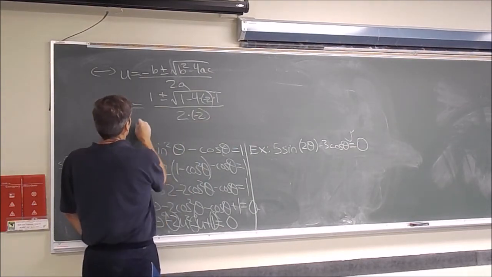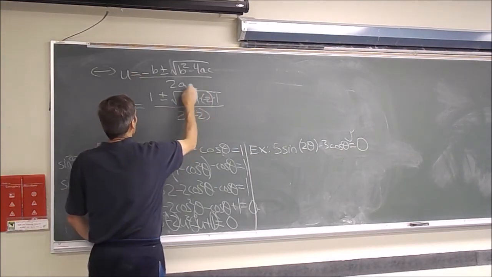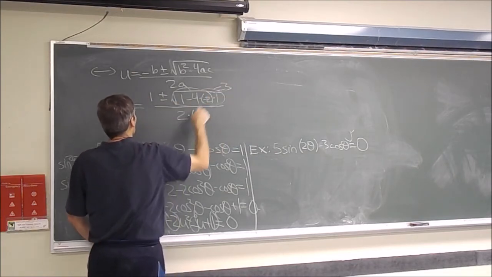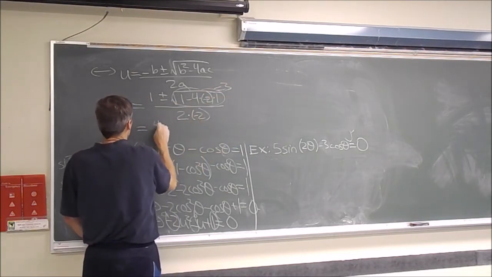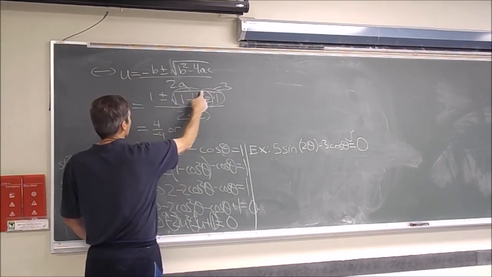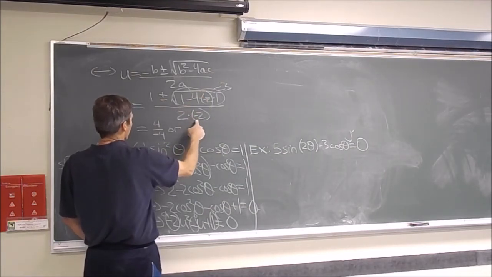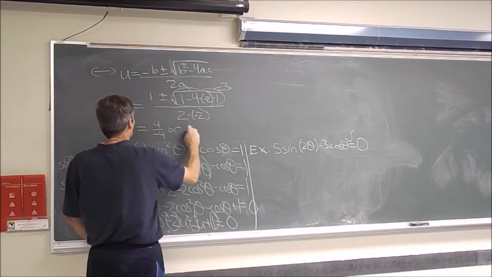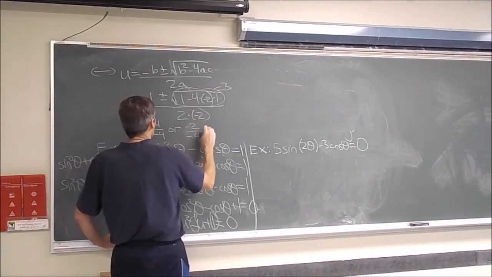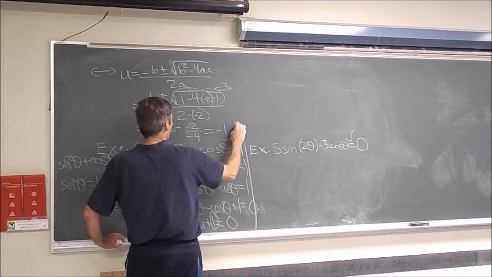Tells us, let's see, 1 plus 8 is 9, square root of 9 is 3. So 1 plus 3 over negative 4 is 4 over negative 4. Or 1 minus 3, choose the minus sign, is negative 2 over negative 4, which is 1 half. And so this is either negative 1 or 1 half.